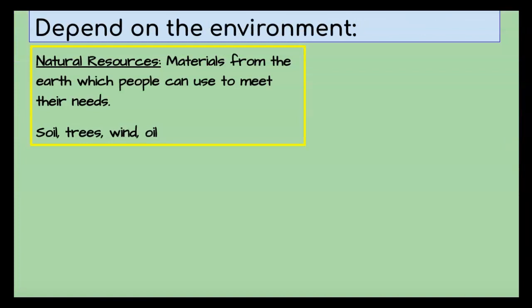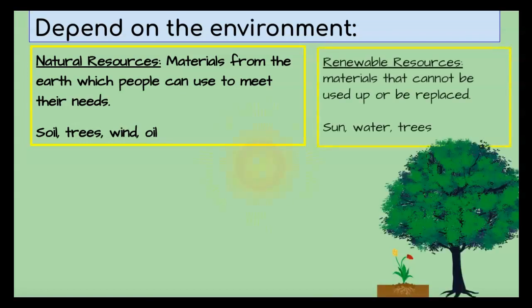We depend on the environment, and we depend on the natural resources, which are materials from Earth which people can use to meet their needs: soil, trees, wind, oil. And within these natural resources, we have renewable resources, materials that cannot be used up, like the sun, water, trees.